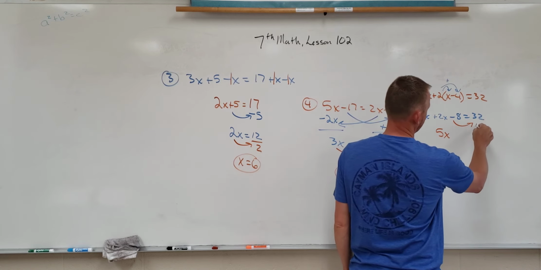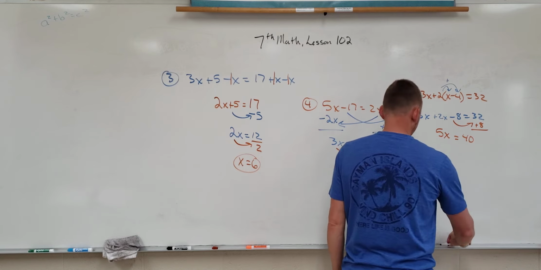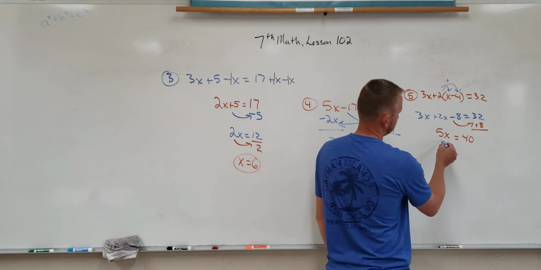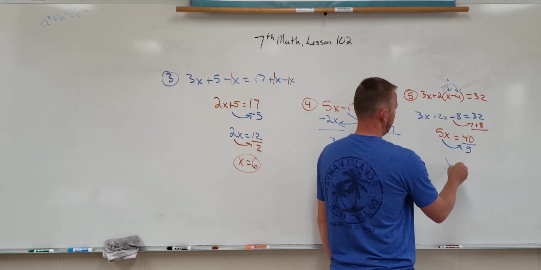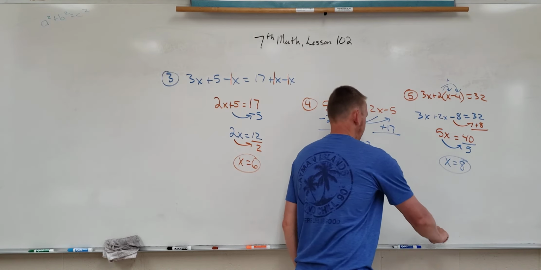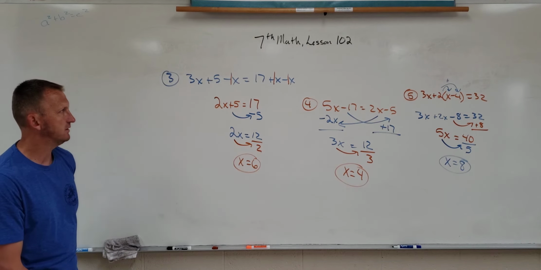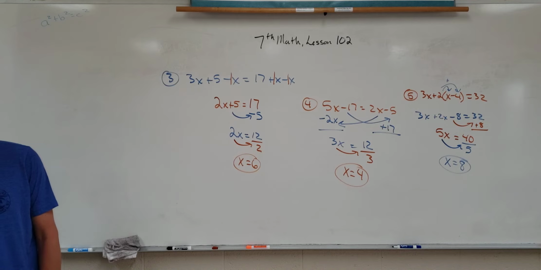So if I'm subtracting, I'm going to add. 32 plus 8 gives me 40. Now finish solving. Multiplying here, bring it over and divide. X equals 8. So add your like terms and then solve.